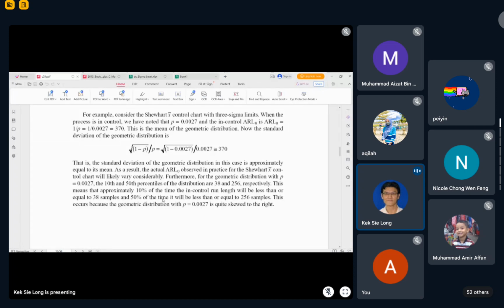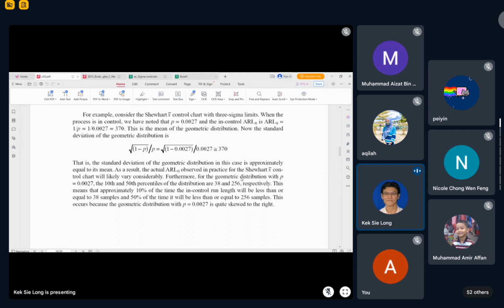In the last few sentences, it mentioned the percentiles, the 10th percentile, the 50th percentile. For the 10th percentile, what is the ARL? It was already mentioned, 38.